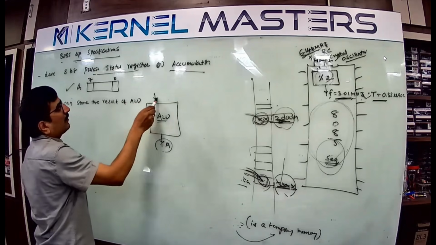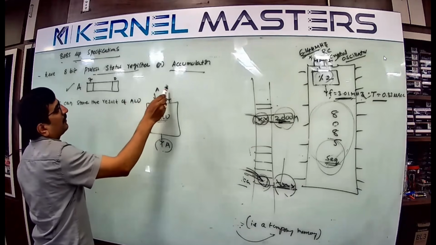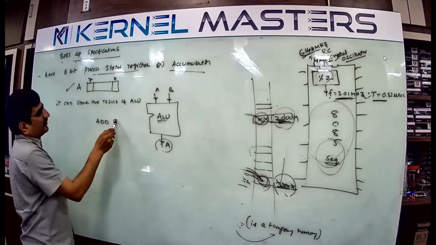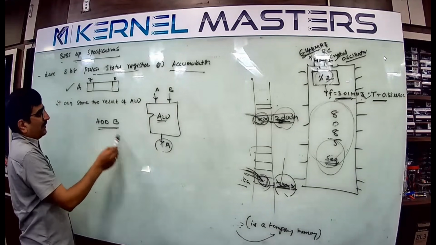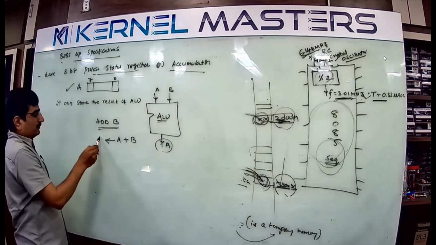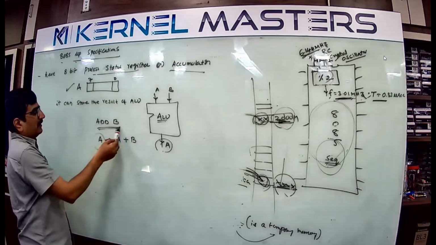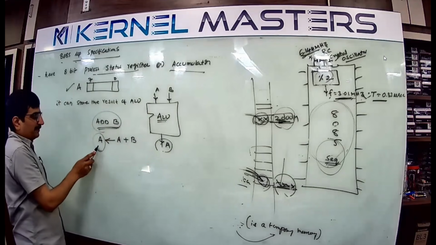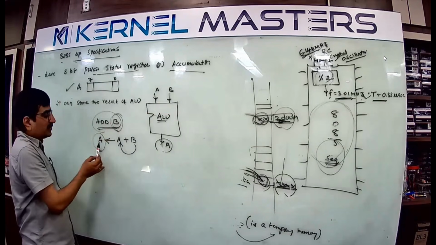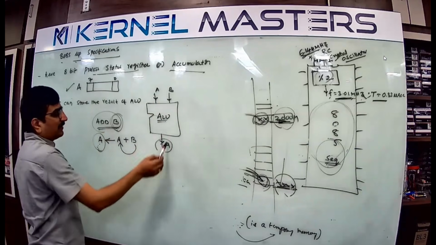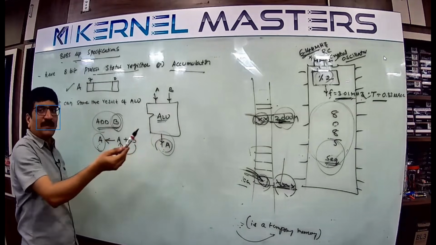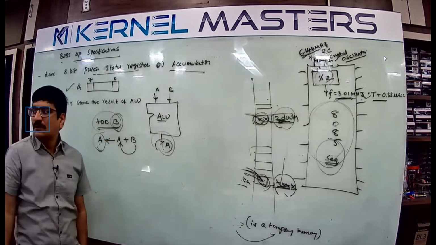The input you can give from a register, A or B. For example, the ADD B instruction: B value is added with the accumulator, and where is the result stored? A. After addition, the result is compulsorily in A. B is the operand, the value added to the accumulator. By default the result comes in the accumulator, for addition, subtraction, logical AND, logical OR, everything.